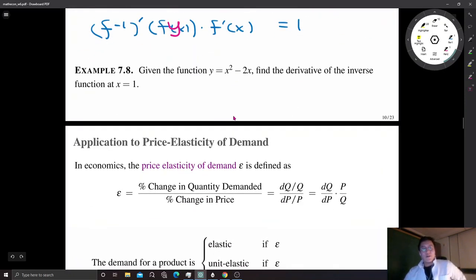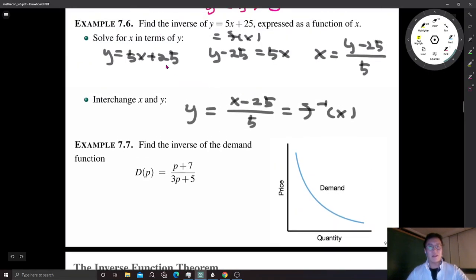All right, so let me stop the video with this example. Right, so given the function y equals x squared minus 2x, find the derivative of the inverse at x equal to 1. So the way to find the derivative of the inverse, we can begin by finding the inverse function by taking these two steps.